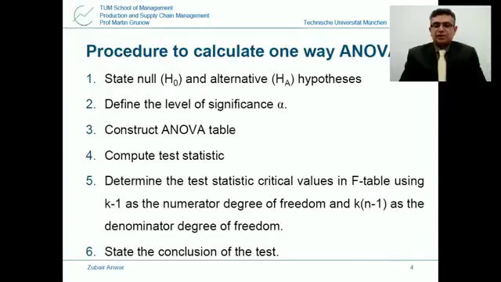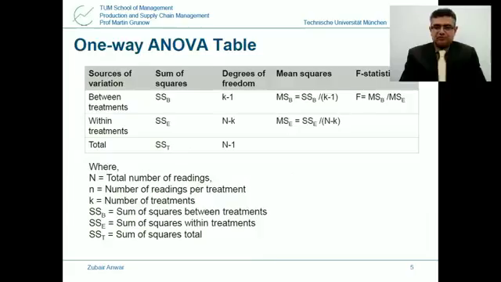Next, we compute the test statistic, and then we determine the critical value in the F table using k-1 as the numerator degrees of freedom and k(n-1) as the denominator degrees of freedom. Lastly, we state the conclusion of the test. Mind that the F distribution is a ratio of two chi-square distributions.